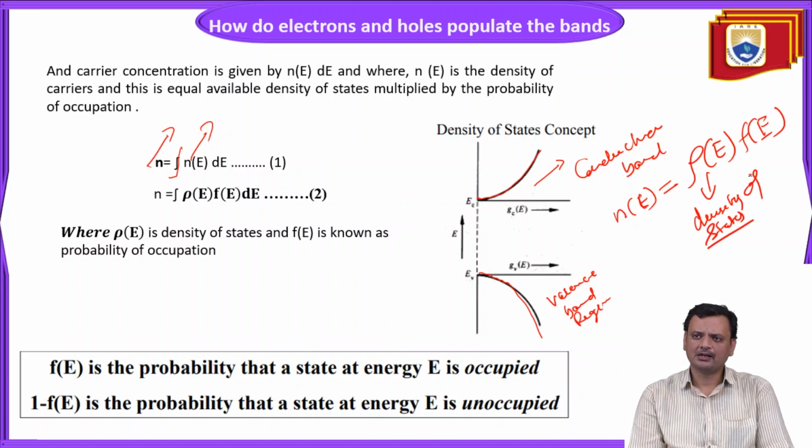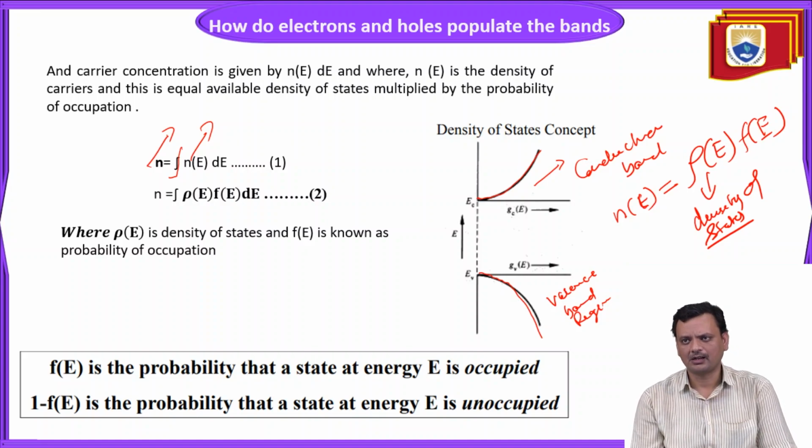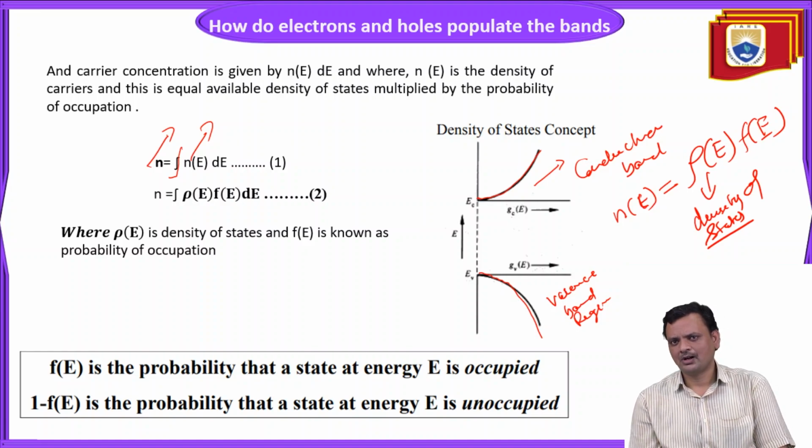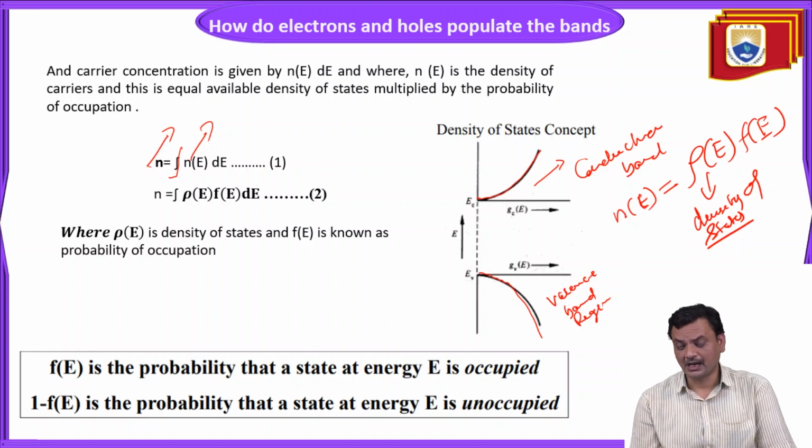That's why, whenever I start all this, I try to tell about the density of states, because it is a very, very important and fundamental property of any given semiconductor. Once you know the density of states for a given material, you can calculate all the things related to electronics, like the total number of available charge carriers.